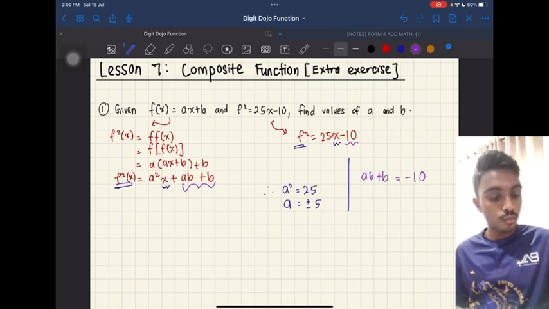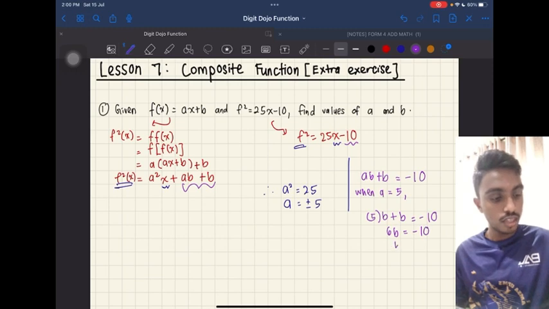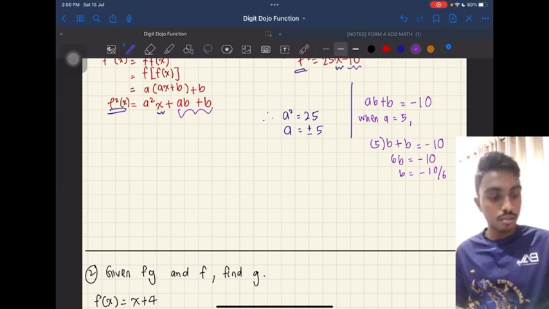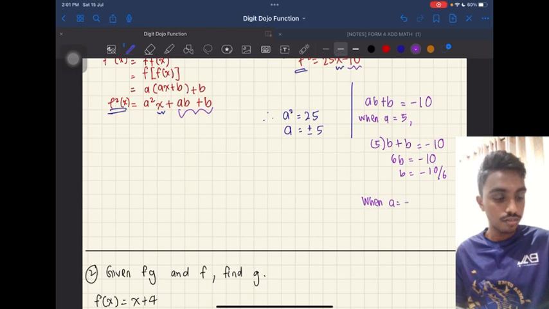When your a is 5, 5b plus b equals negative 10, 6b equals negative 10, b is negative 10 over 6. But your a has two possibilities, either 5 or negative 5.